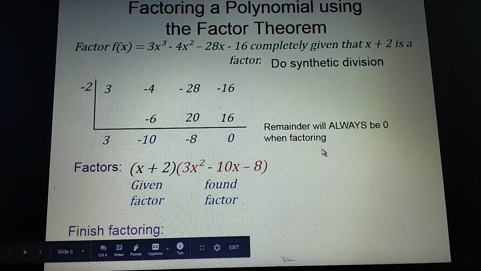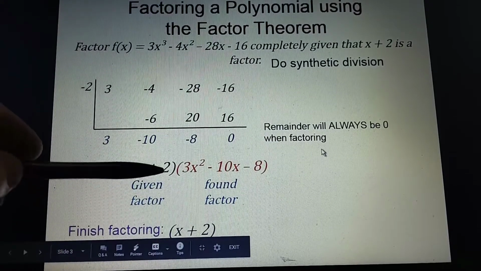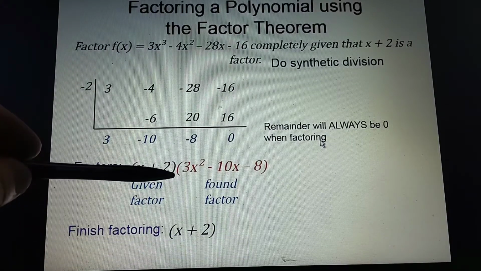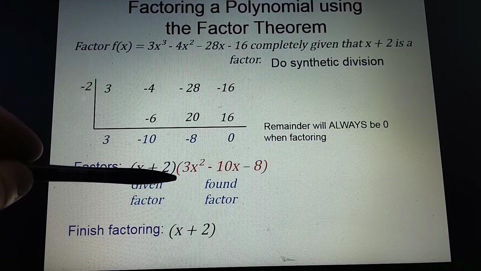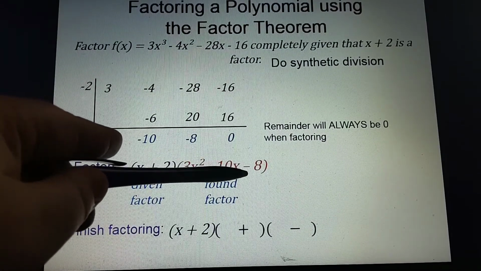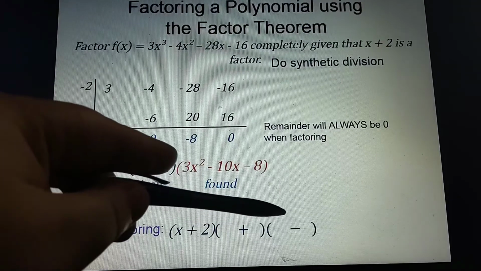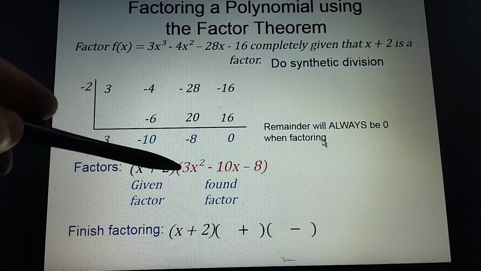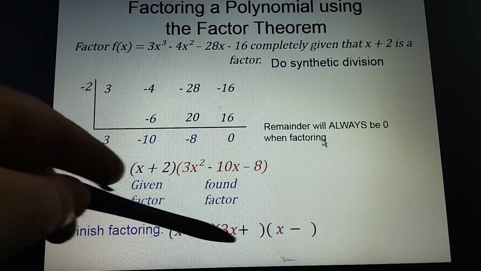So we write down our x plus 2 again, and now we factor 3x squared minus 10x minus 8. We've got 2 sets of parentheses, and because the last sign is minus, the signs inside will be opposites. I need factors of 3x squared, so I'll have a 3x in one and an x in the other.